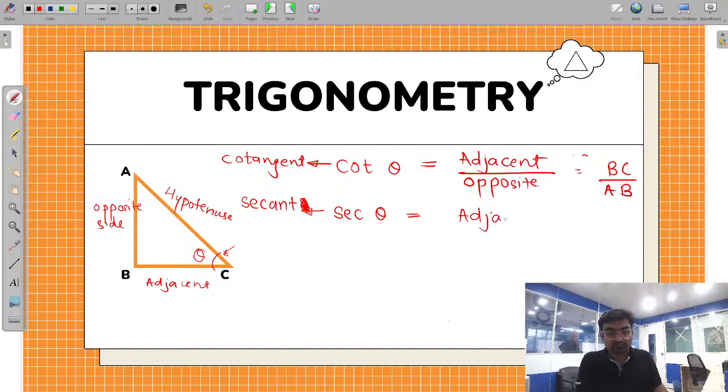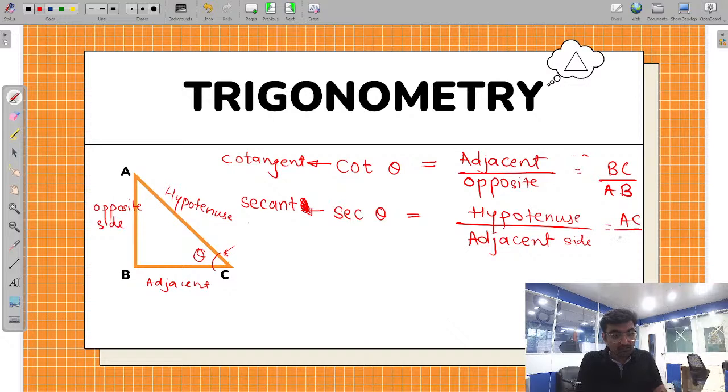Sorry, for secant the ratio is hypotenuse upon adjacent side, hypotenuse upon adjacent side. And what is the hypotenuse? AC. And what is the adjacent? Adjacent is BC, correct?